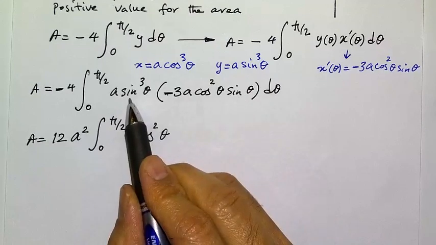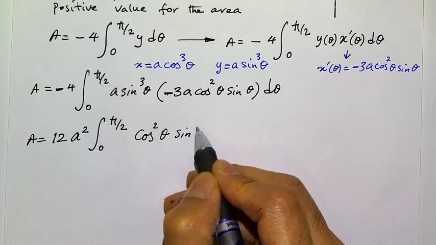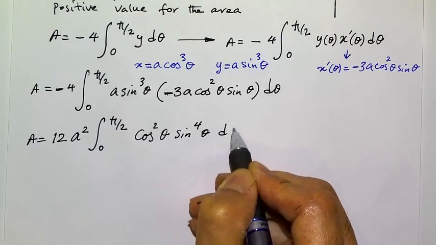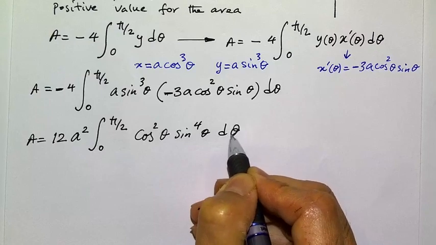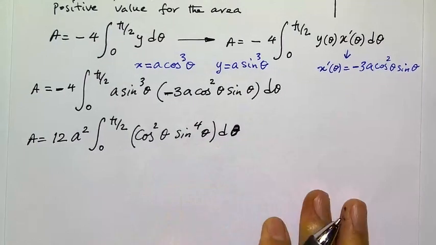Sine theta times sine cubed theta will give us sine to the 4th power theta d theta, like that.